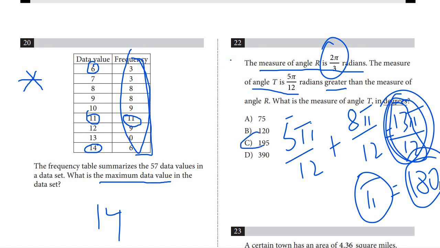The only answer slightly more than 180 is 195. All the others are way off. So again, you don't have to find the exact answer, you just have to identify the correct option, which in this case is C. And these are 22 questions that we answered in 26 minutes.